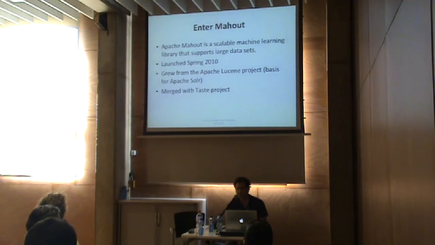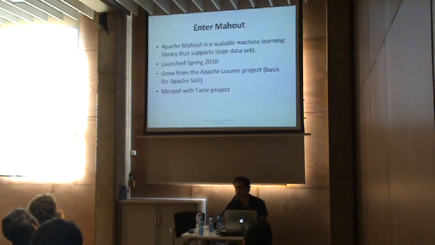So, as I mentioned, Mahout is a scalable machine learning library. It's designed from the beginning to support really massive data sets, and it's really only constrained by the CPU and the processing power and vast amounts of RAM that you have available to the system.